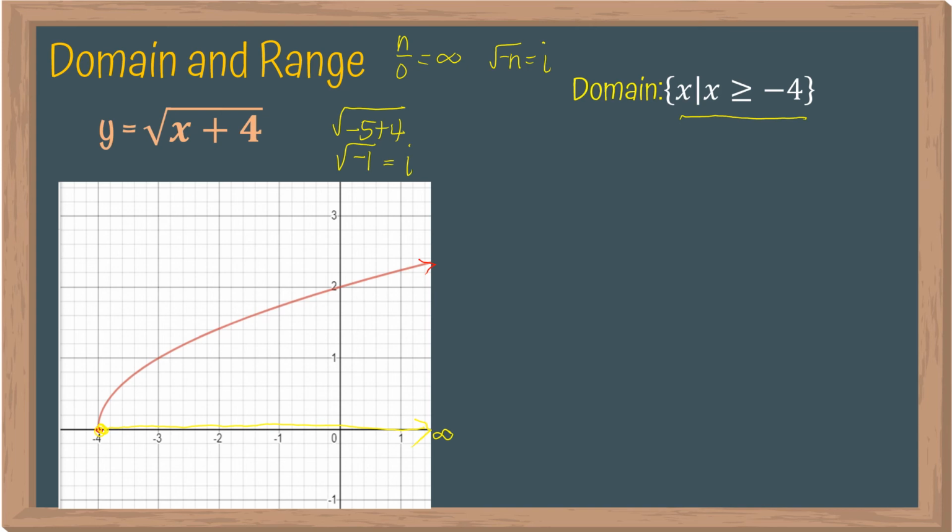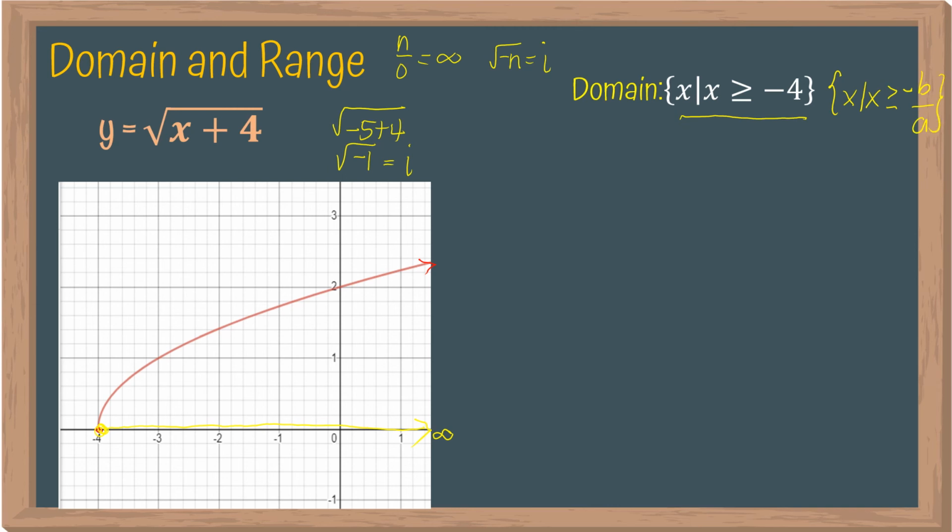By solving. So, to find the domain of this radical function with a linear expression in the radicand, we can get the domain by using this one. So, x such that x is greater than or equal to negative b over a.